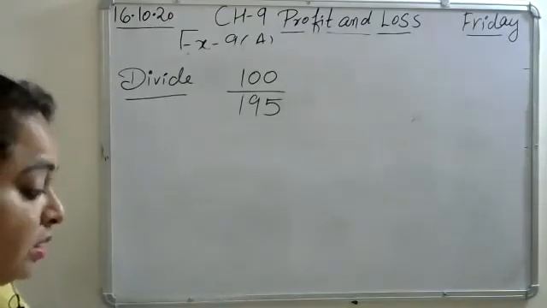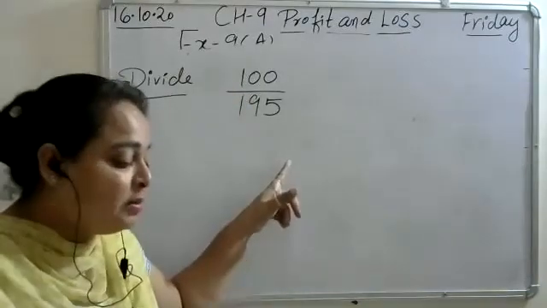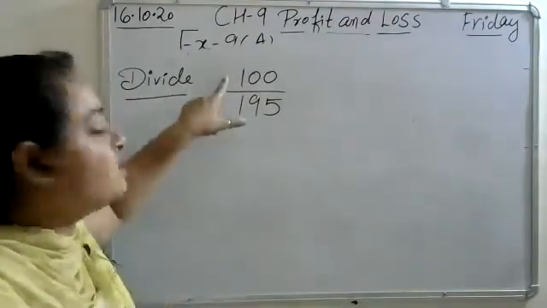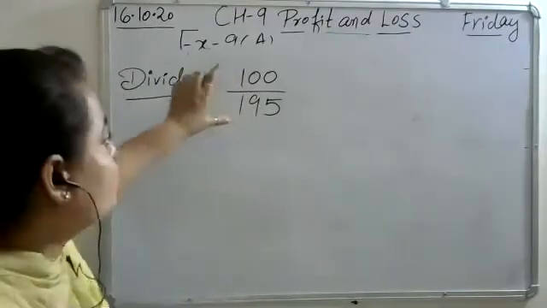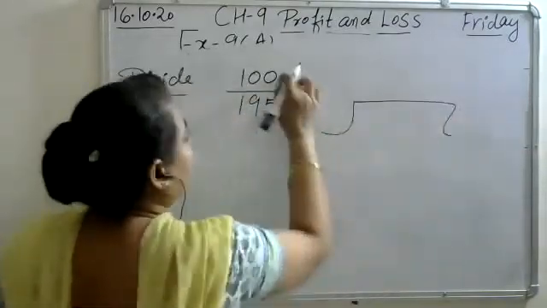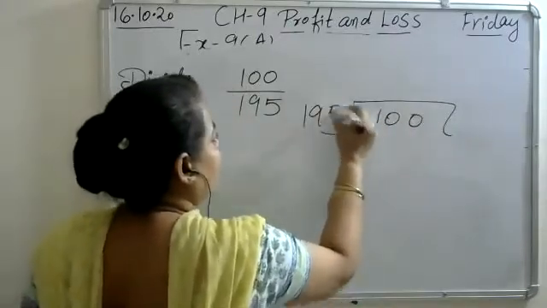Yes, very good. Numerator is inside. You will not say 100 is inside because in place of 100 कोई भी number हो सकता है बेटा. You will say numerator is inside. So when you start your division, you will write the numerator inside here. And here 195.